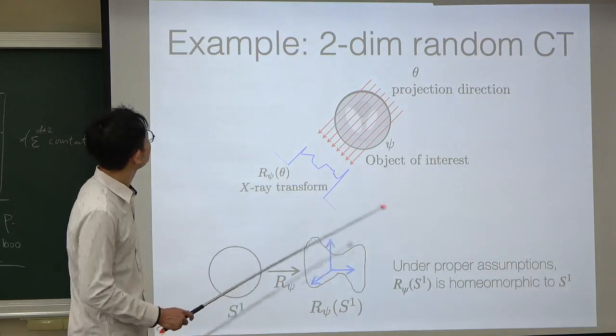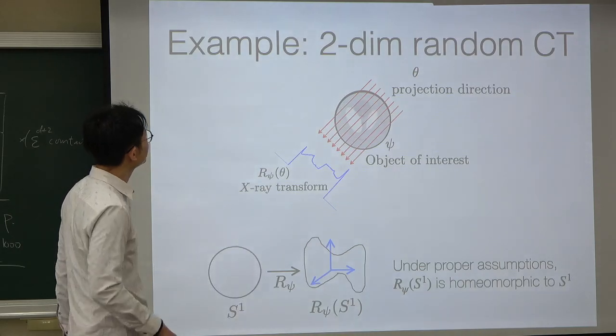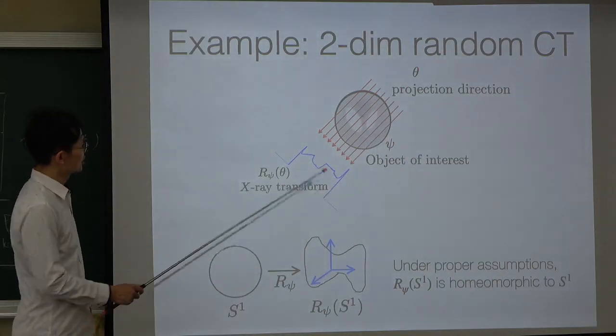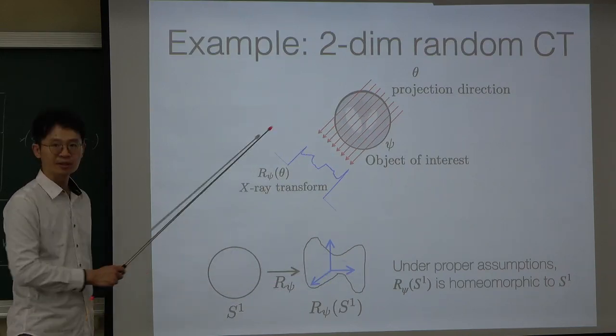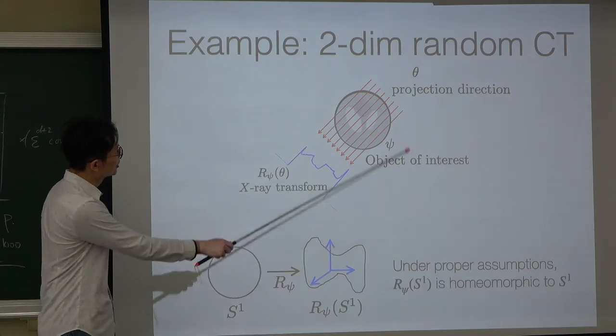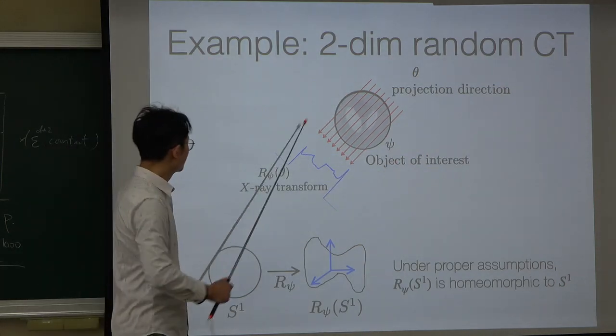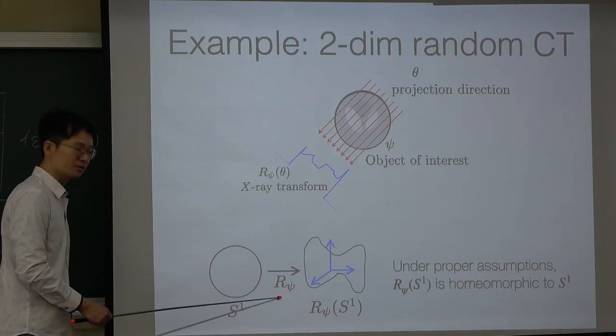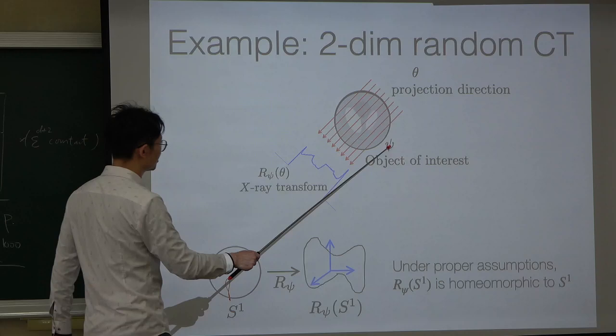And this is another example. This example is a two-dimensional random tomography. Actually, this database will be detailed in another lecture, so I will not go through everything. But the basic idea is, if you have a Radon transform, then R psi is the object of interest.